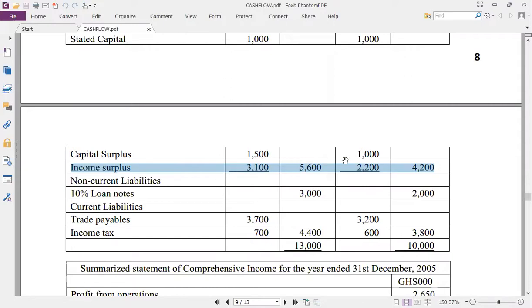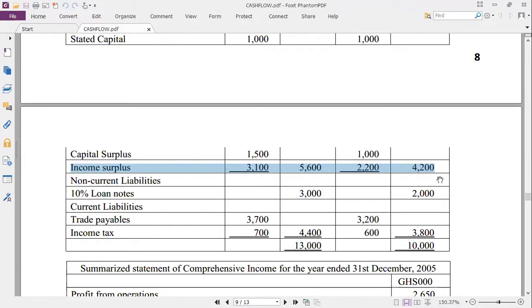Good. Open balance is 2,200 plus the profit after tax less dividend. Will it give us a closing balance of 3,100? If not, the difference represents something else. In fact, where there's no dividend, the difference represents dividend. But here there's dividend, so it will balance for you.